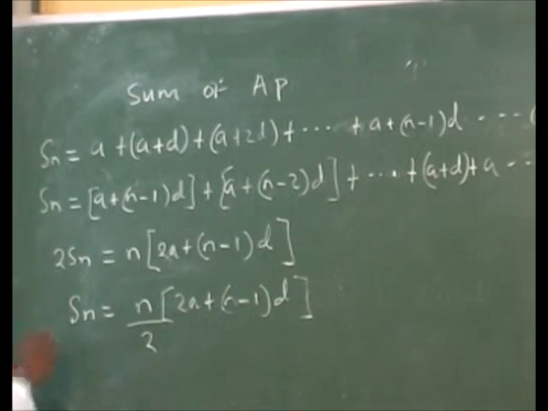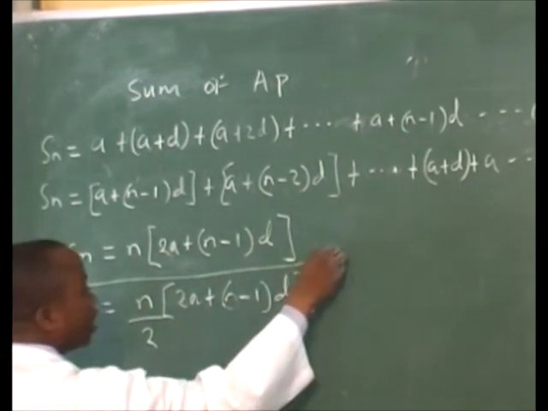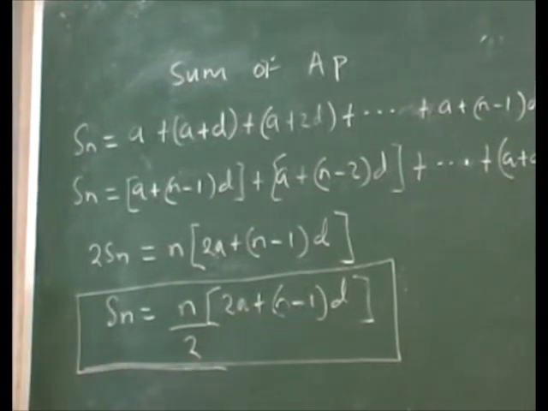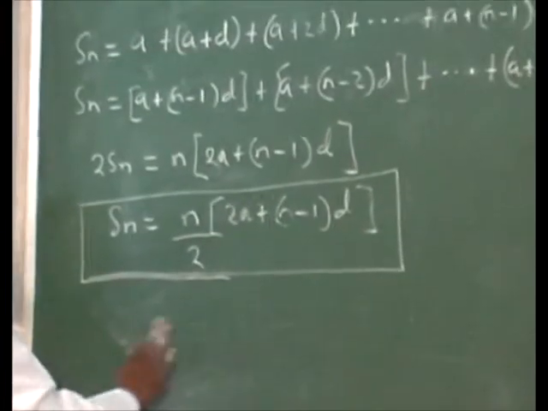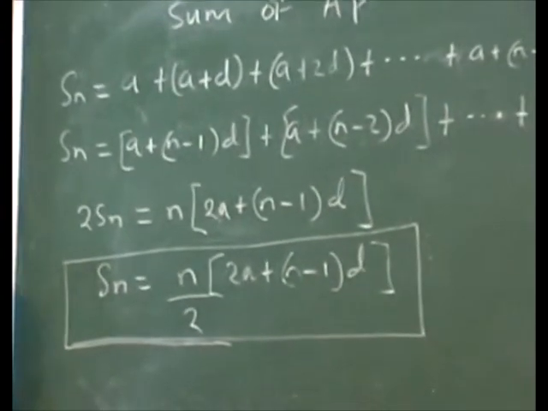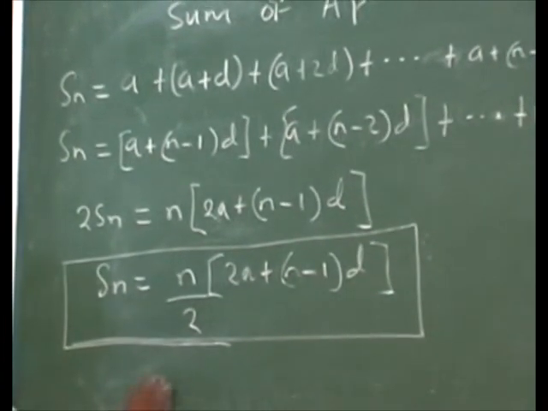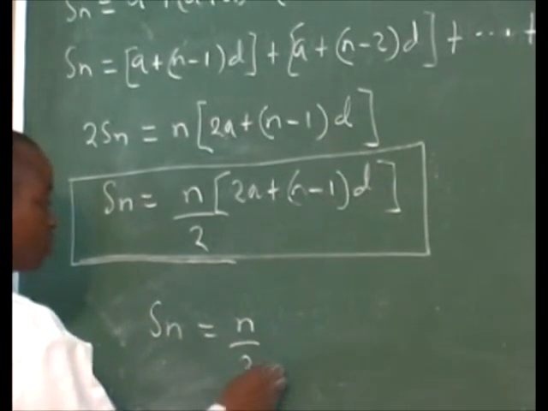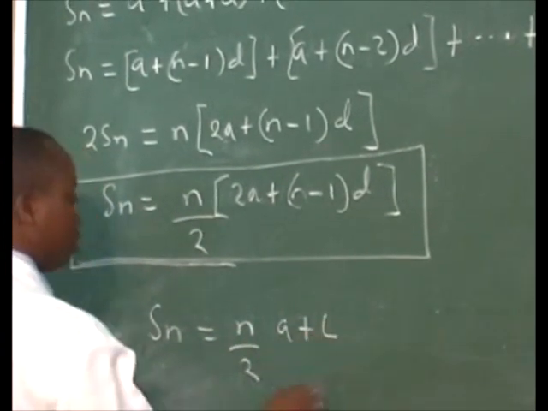So this formula is used whenever we want to sum up terms of an arithmetic progression. But suppose we are given the first and the last term, we use Sn equal to n over 2 times (a plus l).